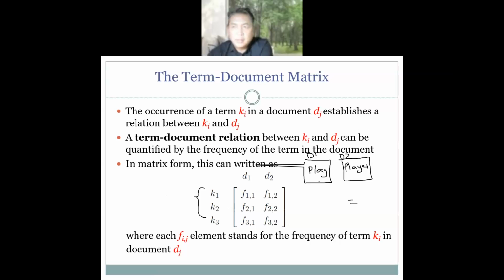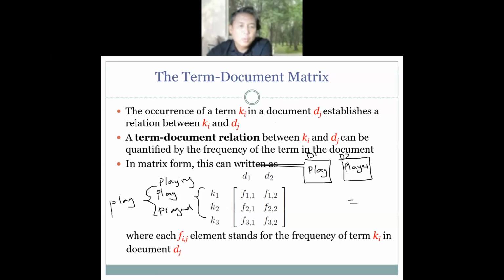Although they are different terms, they are referring to the same idea. So we do not want to have play here and then another one played, because they come from the root of the word, which is play. We could also have playing.